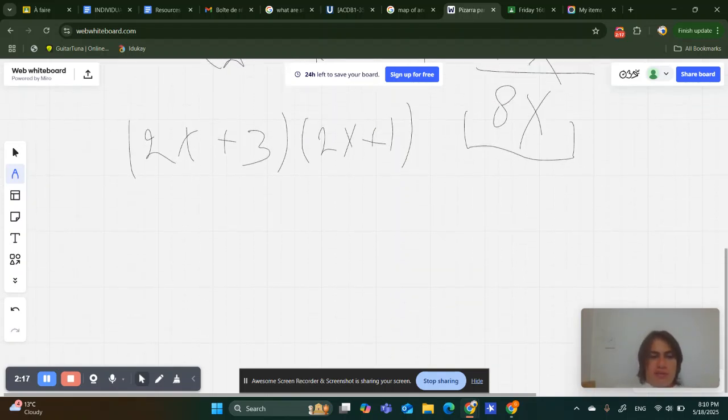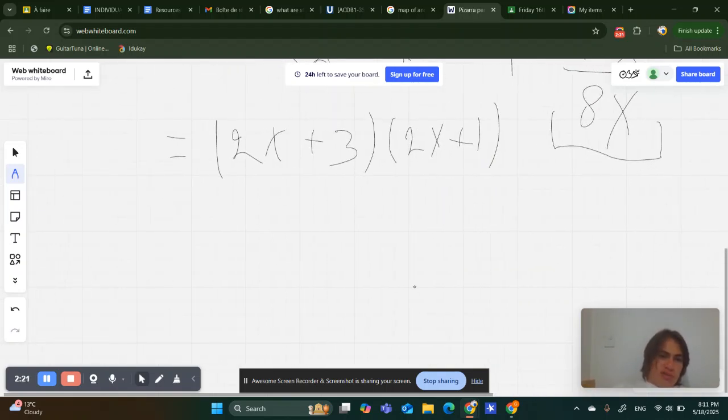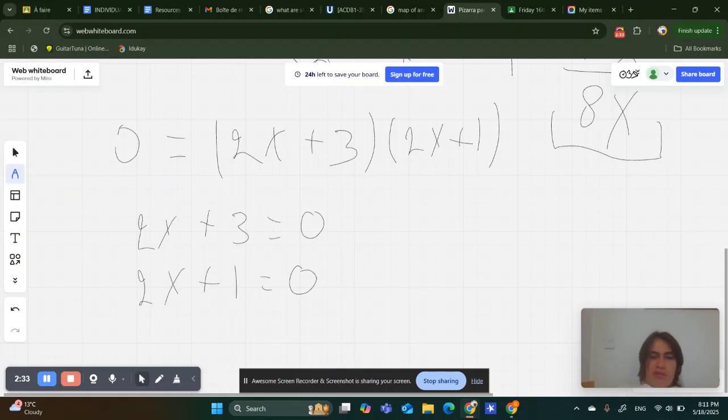Now the last step is to solve this as if it were equal to 0. So we put 2x plus 3 equal to 0 and 2x plus 1 equal to 0. Now we simply solve for these equations. I'm going to do this real quick because I'm left with no time.